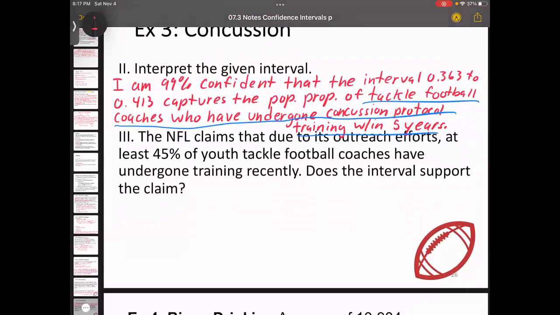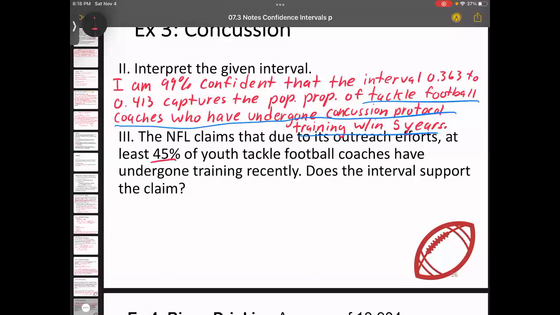So, third and last, the NFL claims that due to its outreach efforts, at least 45% of youth tackle football coaches have undergone training recently. Does the interval support this claim? The way you answer this question is similar to the politician question: you look at the 45% and ask, is this 45% inside of the confidence interval they gave us?